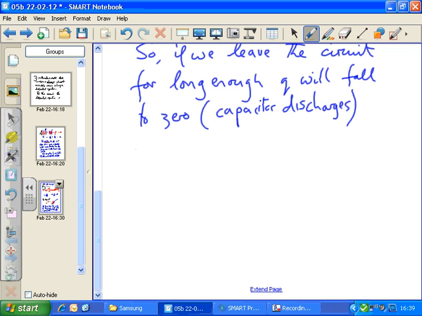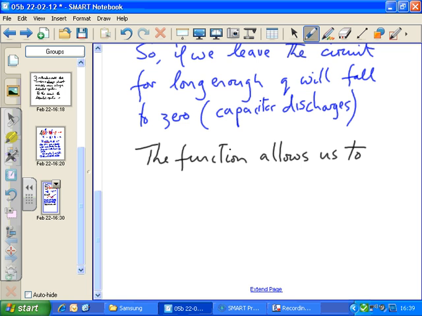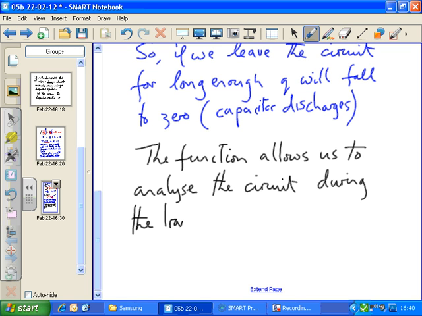The function allows us to analyze the circuit during the transient period before a steady state is reached.